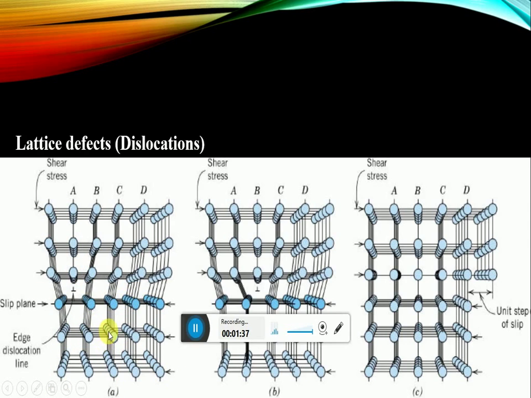The dislocation over here is called a line defect because the locus of defective points produced in the lattice by dislocation lie along the same line. If you can see over here, they lie in the same line, and this line runs along the top of the extra half plane, and hence it is called a line defect.